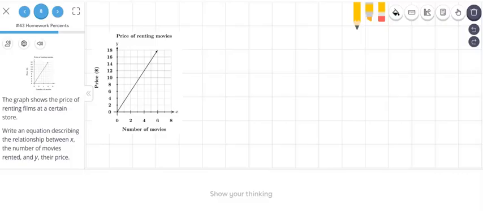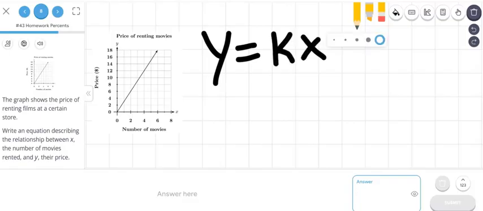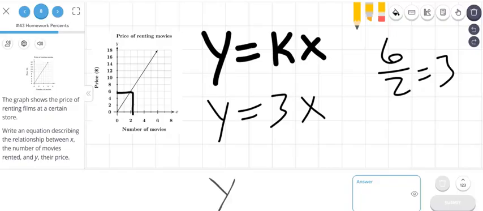So that's good. Remember, it's going to be y equals kx. So y equals, what if I take this point here? 6 divided by 2 is 3, so 3x. So y equals 3x.